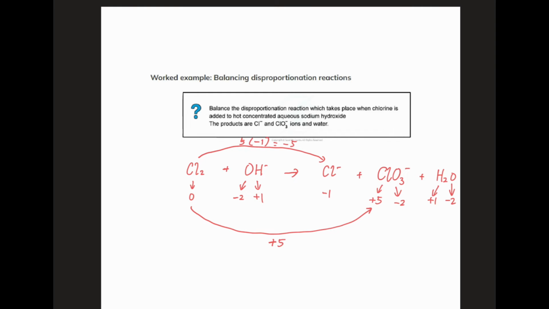So that means the increase in oxidation number is equal to the decrease in oxidation number. Once you have done this step, first we need to put 5 over here. As you times 5, we have to put 5 over here.